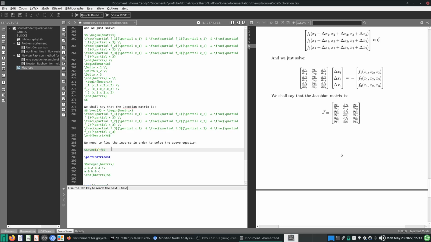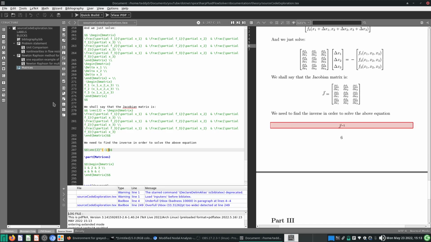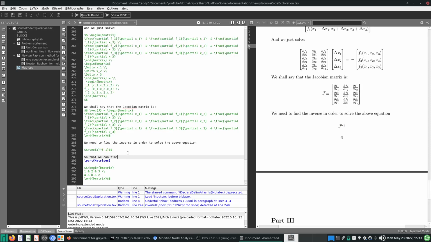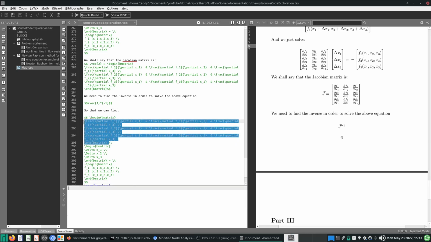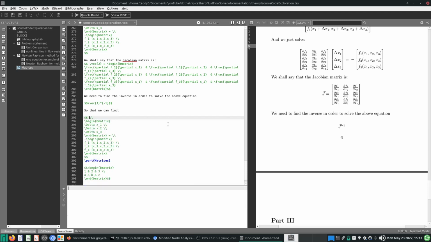I don't know if this is the right way to write it, but the concept I want to bring across is this: find the inverse of the Jacobian, so that we can find our delta x1, delta x2, and delta x3. So delta x1, delta x2, delta x3 equals this inverted Jacobian matrix multiplied by the f1, f2, and f3 bits here.